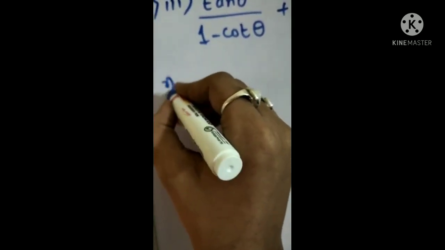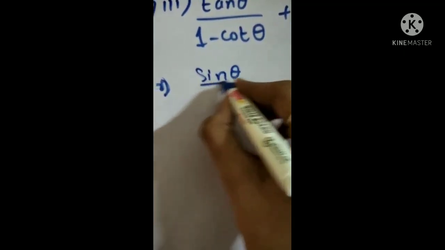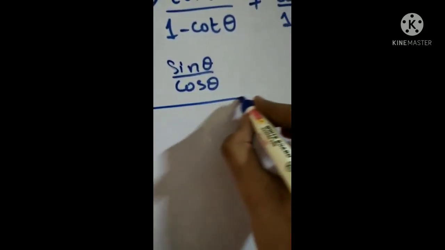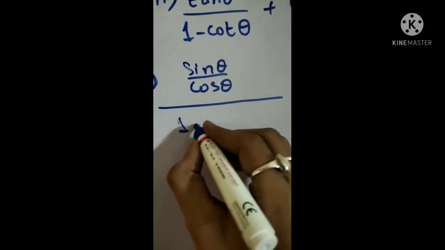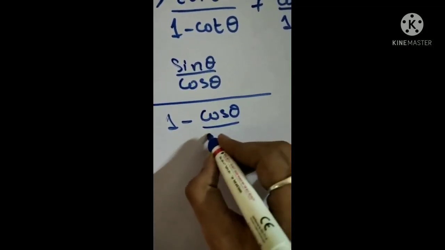Now tan theta, we know, is sin theta by cos theta, divided by 1 minus cot theta. For cot theta we can write cos theta by sin theta.